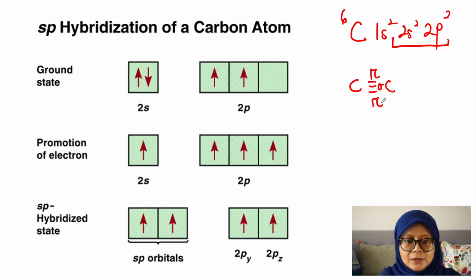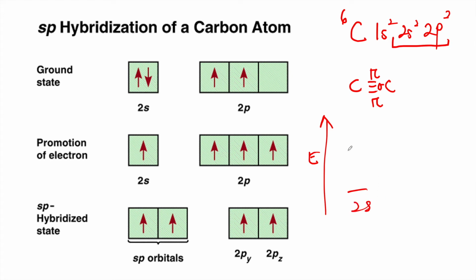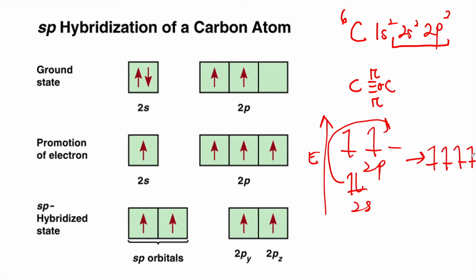So what happened? One electron from the 2s is excited to the higher orbital, which is a 2p. Let me show you. Here, this is the 2s, this is the 2p. We have full, and then this one orbital is excited to higher energy, and we have 1, 2, 3, 4 orbitals, so all of these will have one electron.